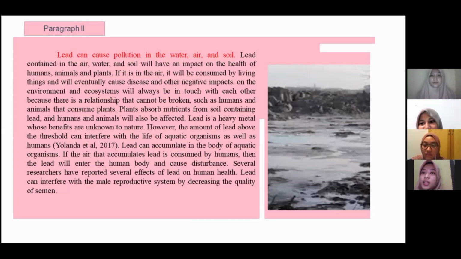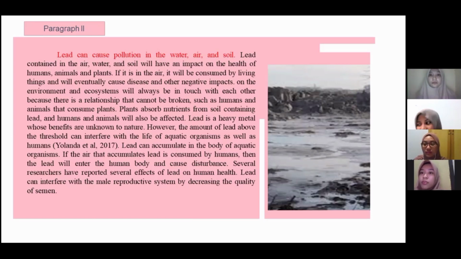If it is in the air, it will be consumed by living things and will eventually cause disease and other negative impacts on the environment and ecosystem. They will always be in touch with each other because there is a relationship that cannot be broken, such as humans and animals that consume plants. Plants absorb nutrients from soil containing lead, and humans and animals will also be affected.